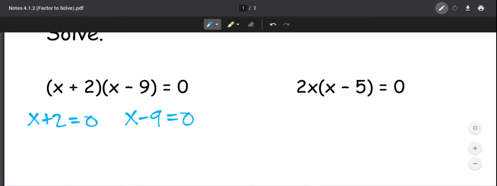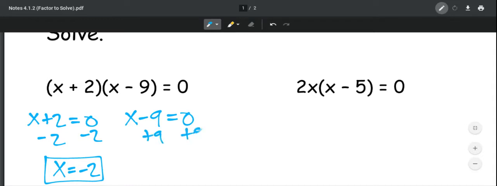So you're going to put them both equal to 0, and then we quickly solve. So you still get two answers. Remember from the first video, whenever you solve for x in this chapter, you are always going to get two answers because we're doing quadratics. So x equals -2 and x equals 9.